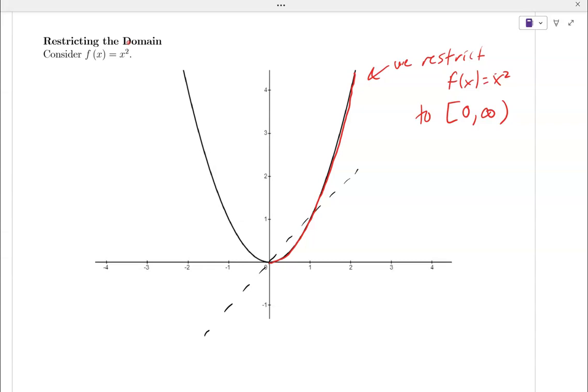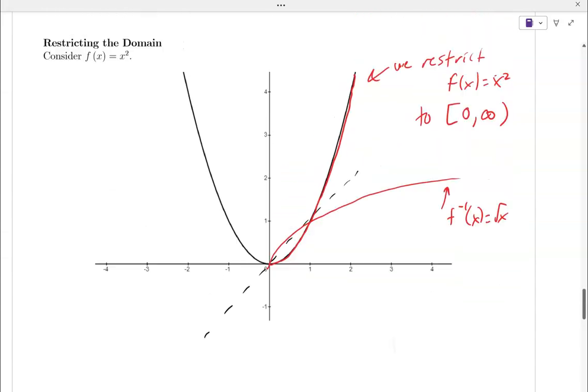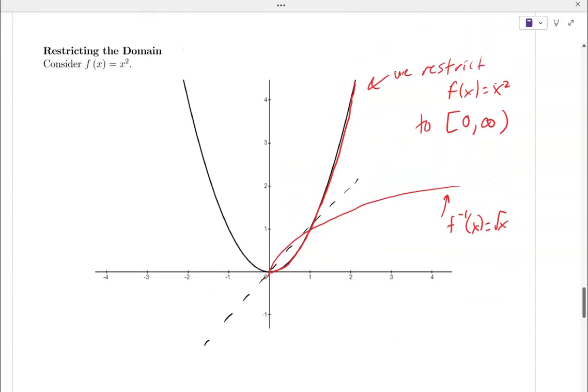Now notice that when we do that reflection about the line y equals x, we do get a function now, right? And this is your square root function. All right.